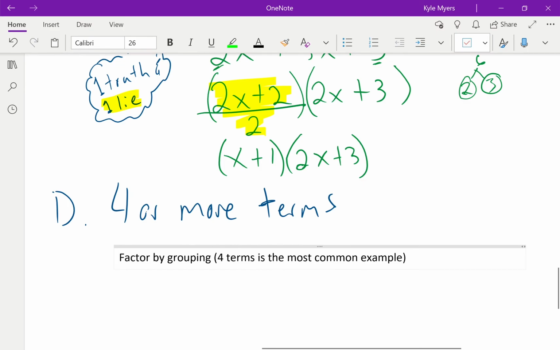And I'm going to go ahead and number these while I'm at it. Okay, so factoring by grouping. 4 terms is the most common example, but you can have more. You can have pretty much any composite. Oh, what's composite? Not prime. So basically any number that's not prime.